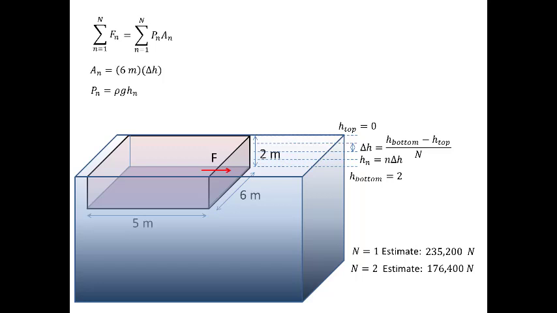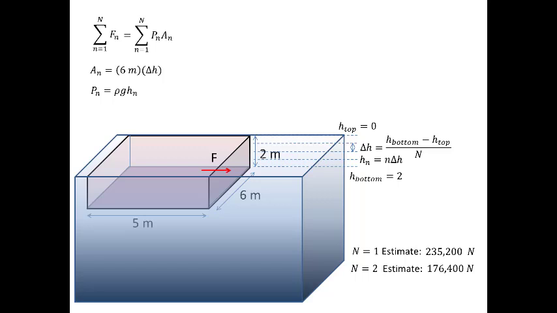Now for the pressure, this is actually going to vary with n. It's going to be rho times g times h sub n, where h sub n is going to vary, and that's the height at which we find the pressure. You can see over here, h sub n is identified as the third height down, and it's going to be n times delta h, which in this case is 3 times our delta h, where our delta h looks like it's 2 over 4, which is a half.